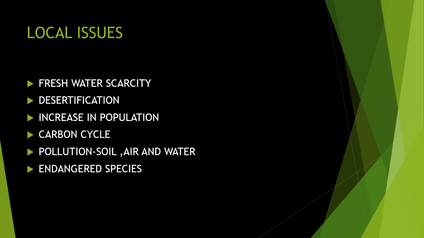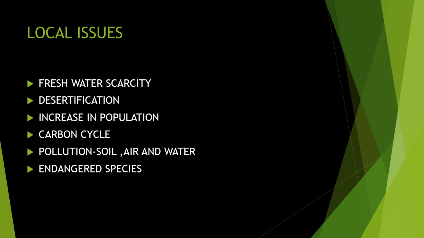We are going to deal with the local issues. What are the local issues? First is freshwater scarcity. In India and throughout the world there are many areas where water is scarce. Why is it happening? Because people are cutting down the trees. The next point is desertification.